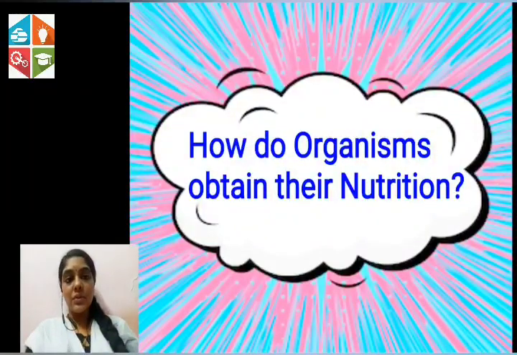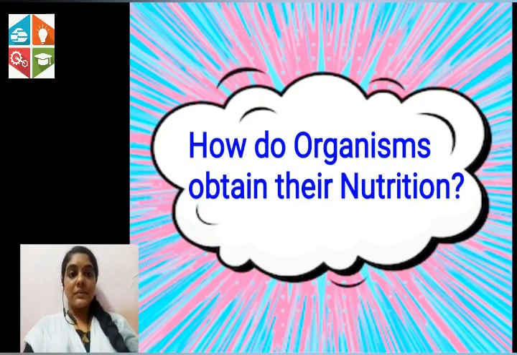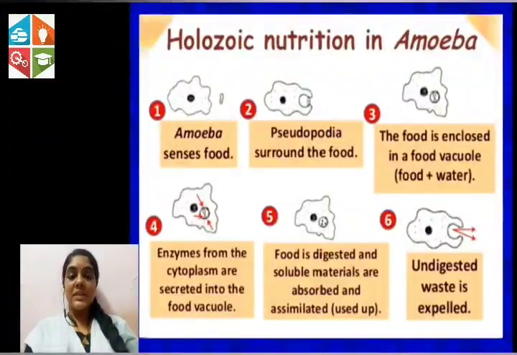So how do organisms obtain their nutrition? We'll first see it in a unicellular organism. Organisms can basically be classified into multicellular and unicellular. In today's video, we'll be seeing holozoic nutrition, or nutrition in amoeba, a unicellular organism.